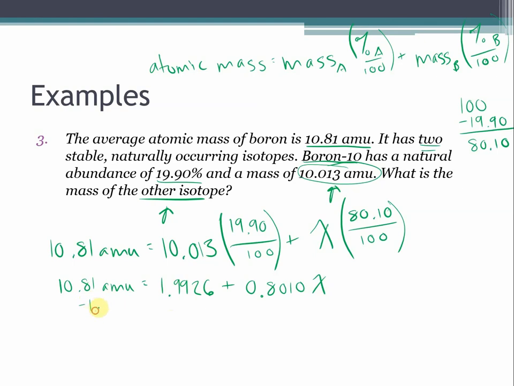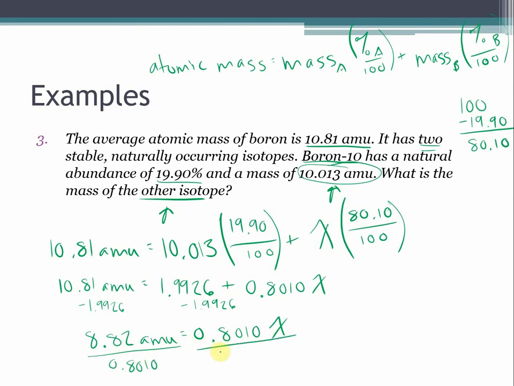So we'll subtract 1.9926 from both sides, and on the left-hand side we will get 8.82 AMU is equal to 0.8010 times x. So we're almost there. Our very last step is to divide on both sides.